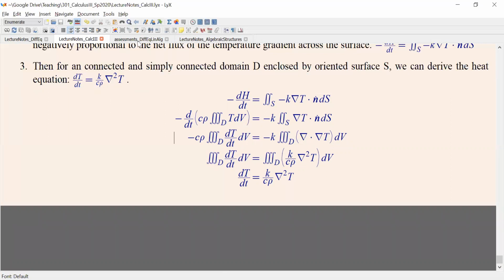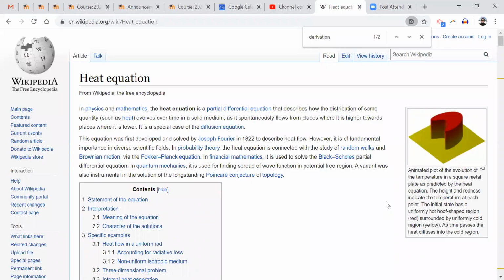Let's move over to the Wikipedia page, and in this far right corner you can see an example plot of an interesting looking flat plate that is heated uniformly, and then the heat equation shows that the heat will diffuse out, and it diffuses out faster where the gradient is steepest.